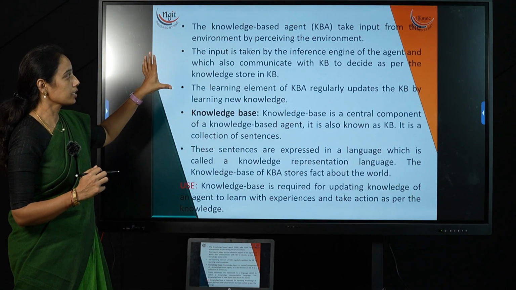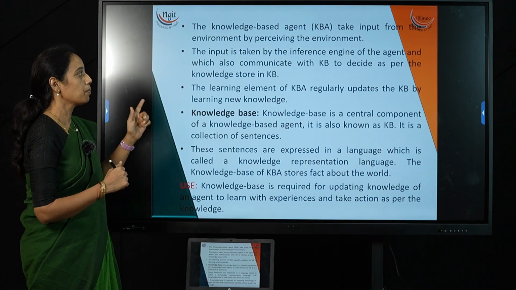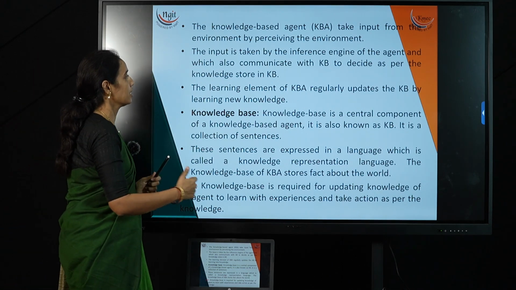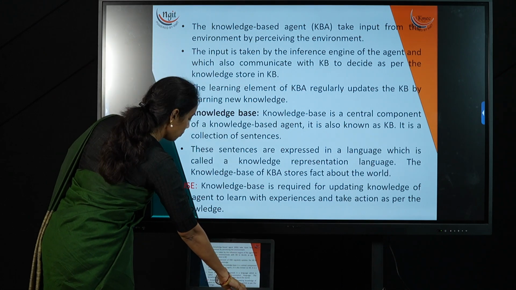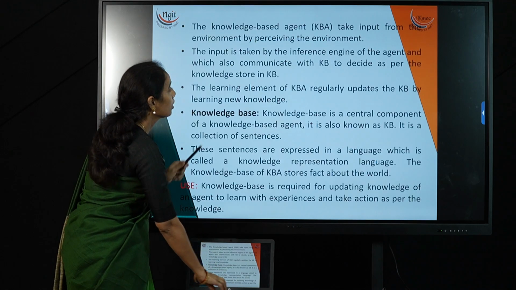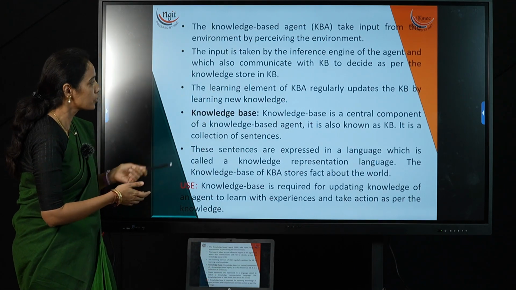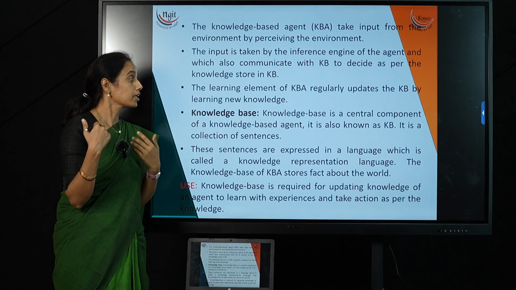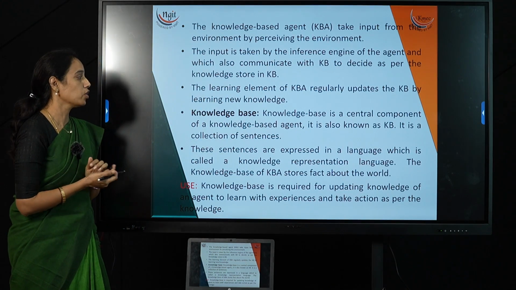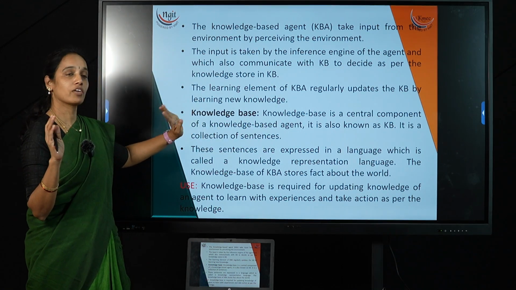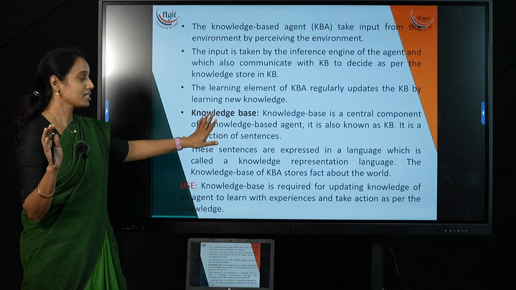The KBA takes input from the environment by perceiving it, and the input is taken by the inference engine, which also communicates with the KB to decide as per the knowledge stored in the KB. The learning element of the KB regularly updates the KB by learning new knowledge. I already told you that the KB is the central component of a knowledge based agent.